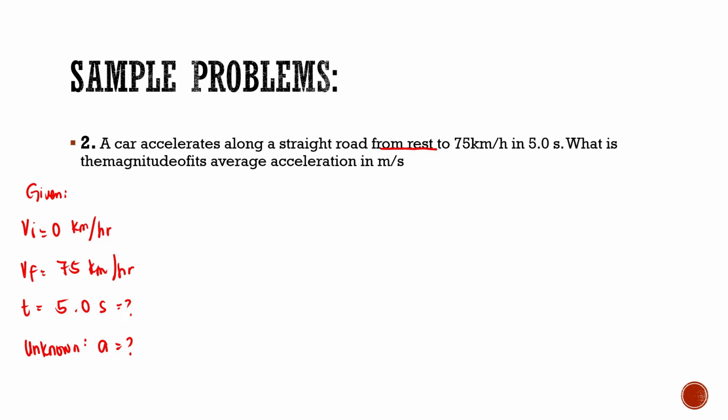So first, let's convert kilometers per hour into meters per second. We have 75 kilometers per hour. You all know that every 1 km is 1,000 meters, and 1 hour is equivalent to 3,600 seconds.